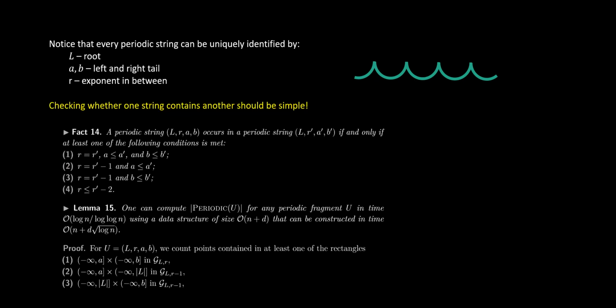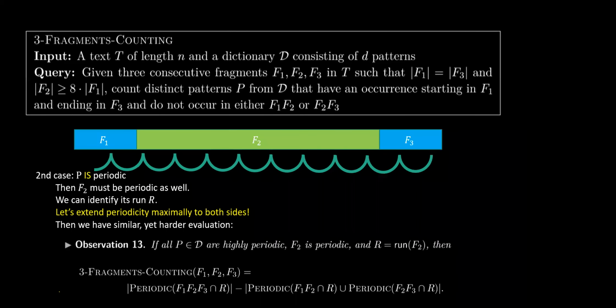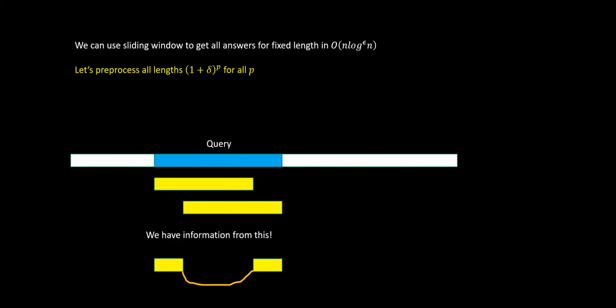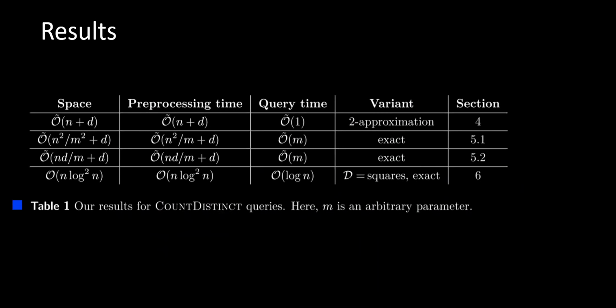So we can achieve this, and if we can achieve this, then we can answer the query exactly. And if we can get this information exactly, we actually have a 2 approximation in this query time. Well, we have the required results.